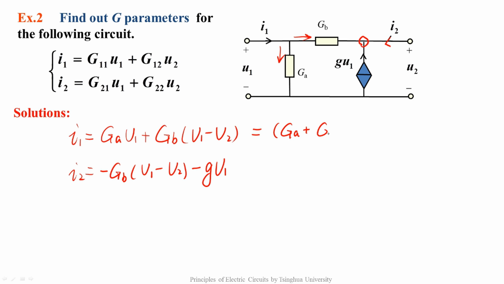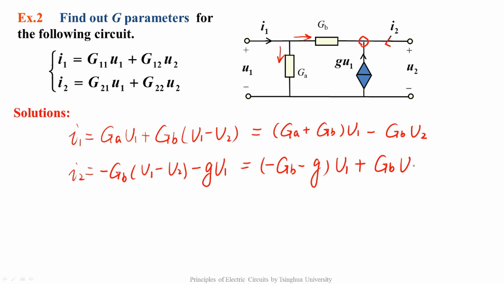Put them in order. I1 equals GA plus GB times U1 minus GB times U2. I2 equals minus GB minus G times U1 plus GB times U2. You can find that due to the existence of the controlled source, G12 isn't equal to G21 any longer.